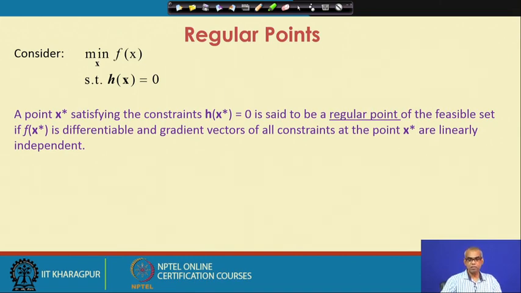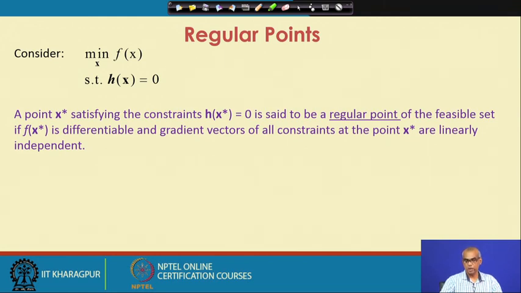So, try to understand the definition of the regular points. A point x star satisfying the constraints h x star equal to 0 is said to be a regular point of the feasible set if f of x star is differentiable and gradient vectors of all constraints at the point x star are linearly independent.